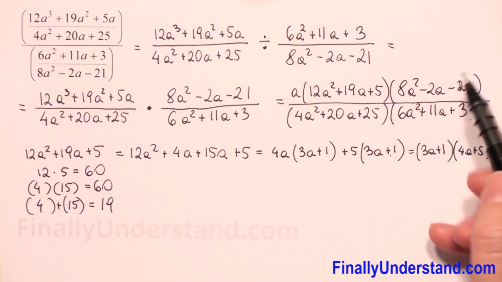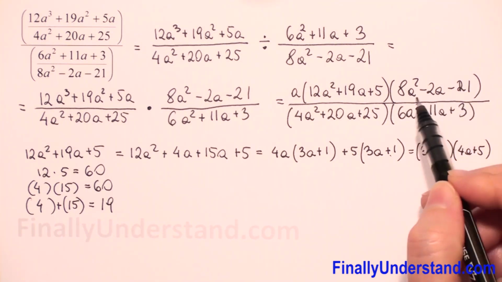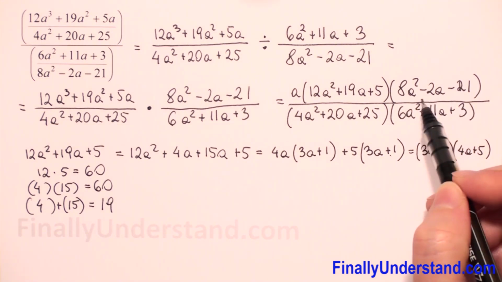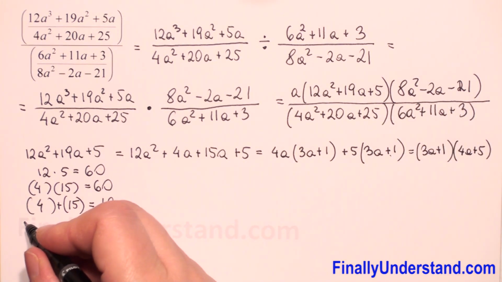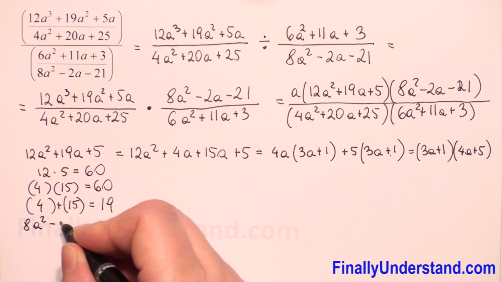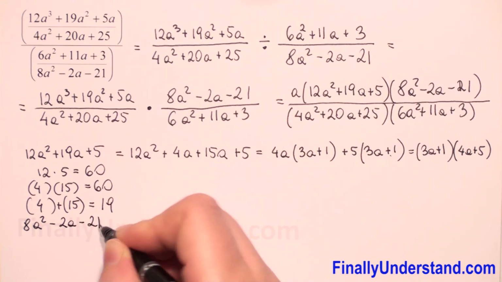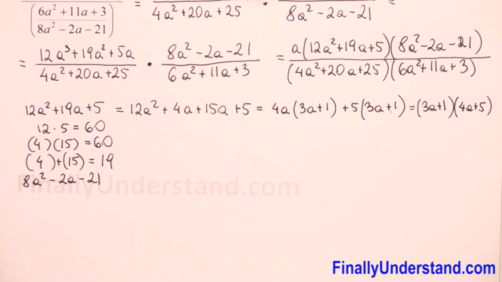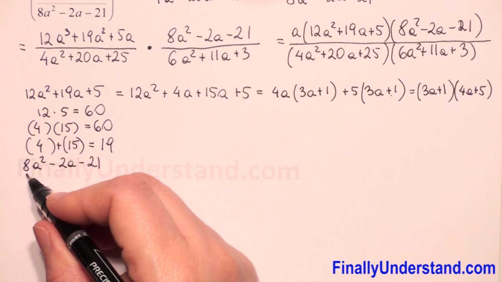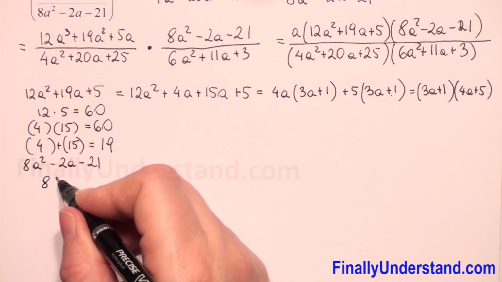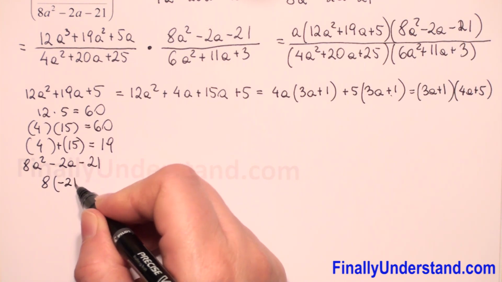Next, we have to try to factorize the second expression in the parentheses. So let me copy this. We have 8a squared minus 2a minus 21. So we first multiply the coefficient before a squared times the constant negative 21.